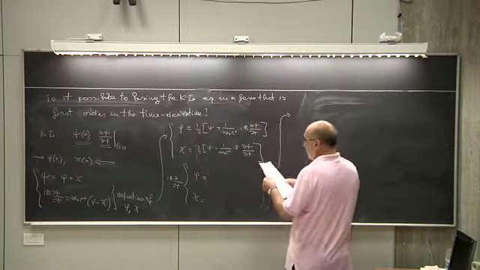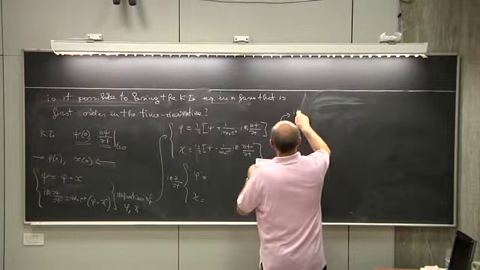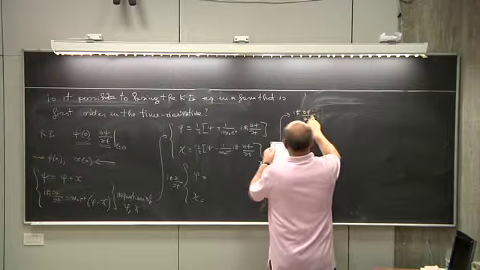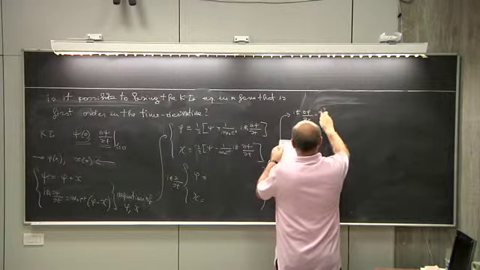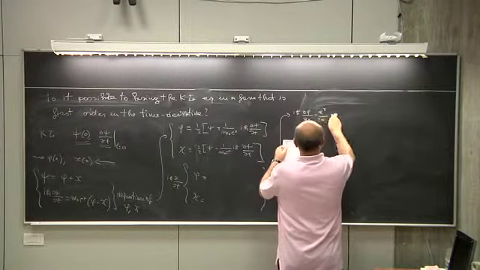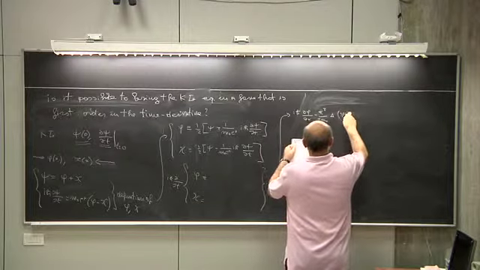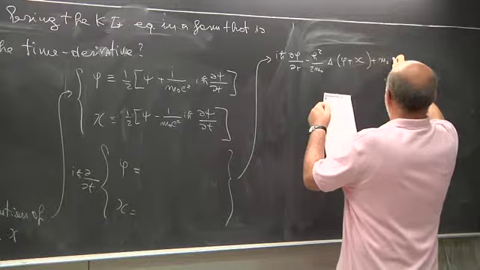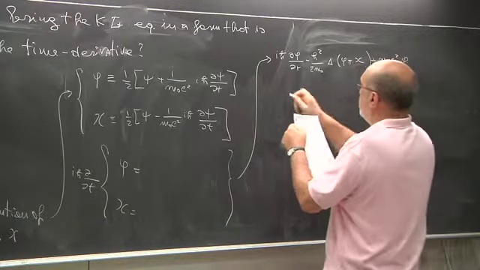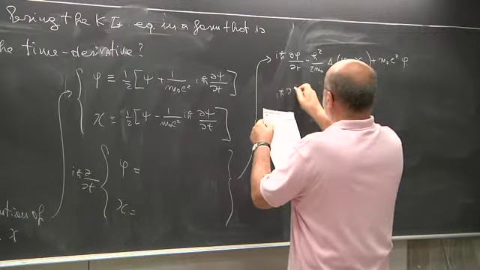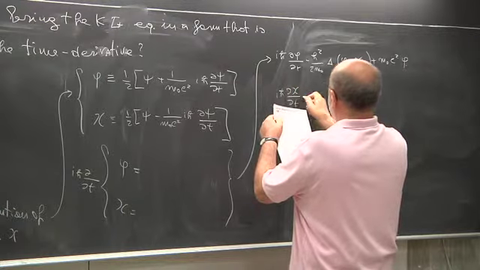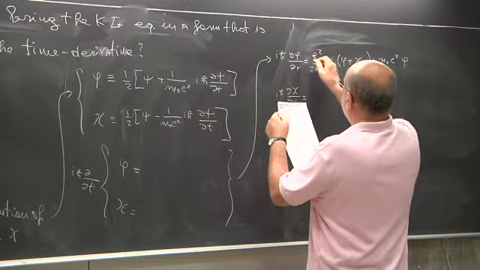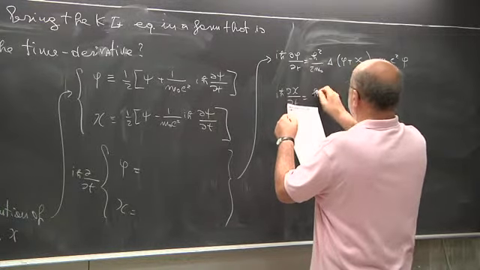The result of this is the following: i h bar d phi dt equals minus h bar squared over 2m0 Laplacian of (phi plus chi) plus m0 c squared phi, sorry, here it is equal plus.